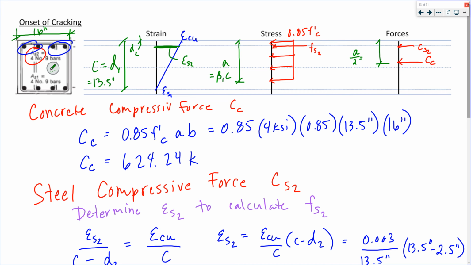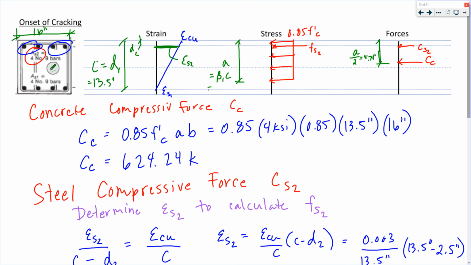Right, my a is 0.85 times 13.5, beta 1 times c.